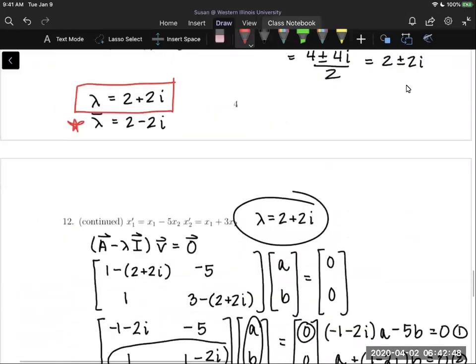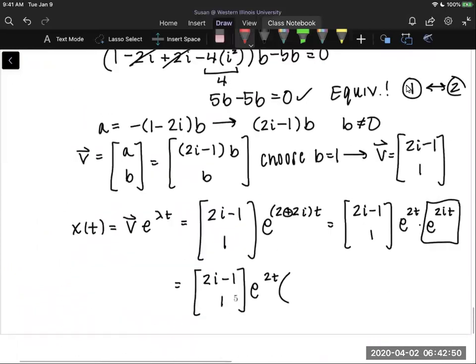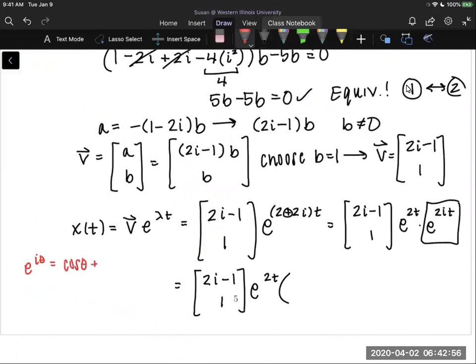So let me just recopy Euler's formula down here so that we can see it. e to the i theta is cosine theta plus i sine theta. And so that becomes a cosine 2t plus an i sine 2t.